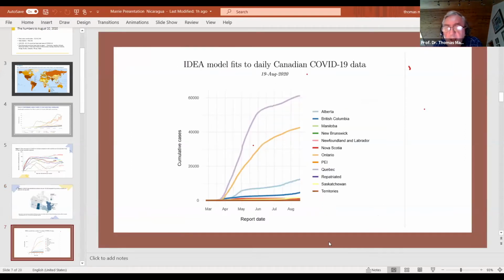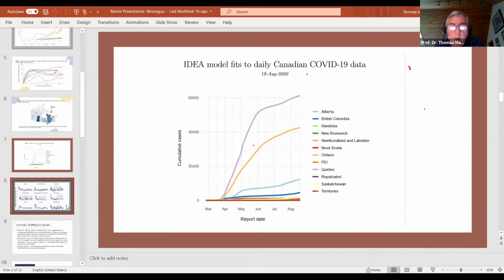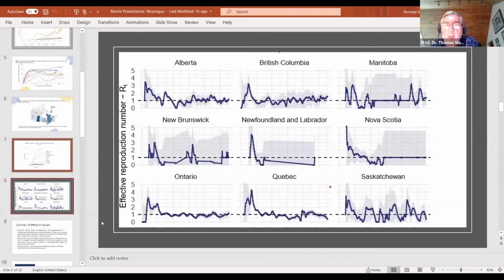Number of cumulative cases are shown on this slide, but all of this is misleading. This one looks in greater detail at what's happening in each province, and then within a province, getting down to the city level, and even within the cities, down to neighborhood levels. So this gives the effective reproduction number of SARS-CoV-2 for the 10 provinces in Canada.